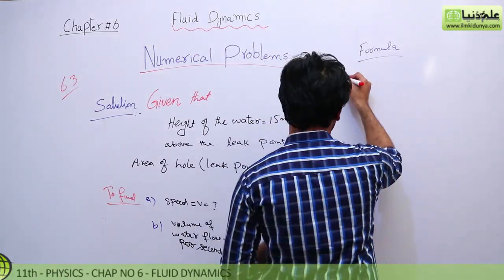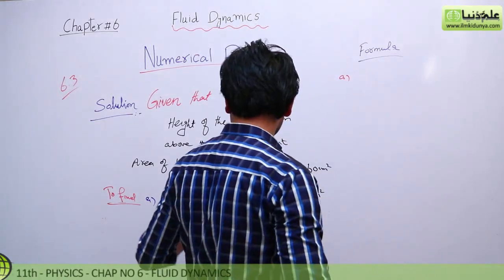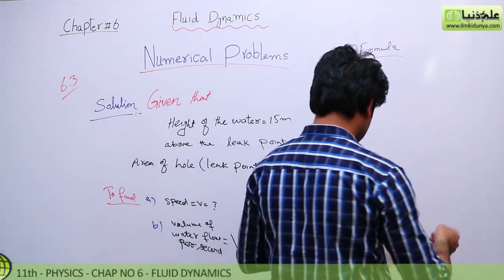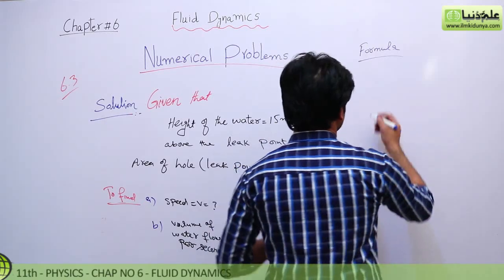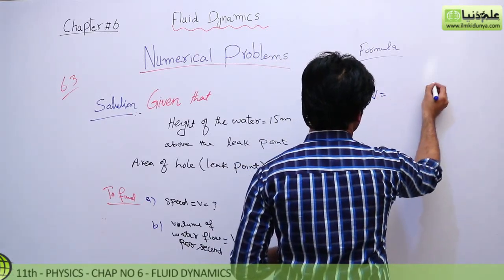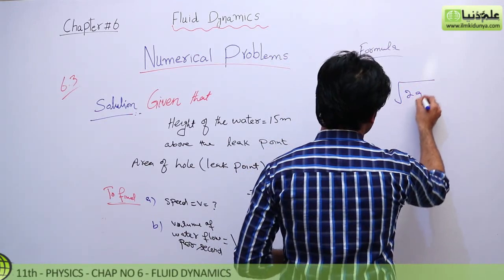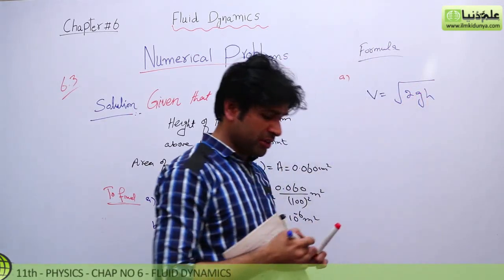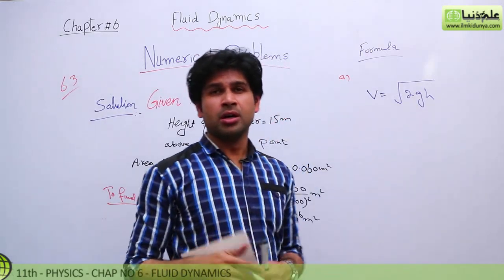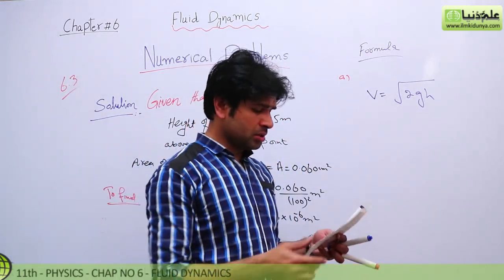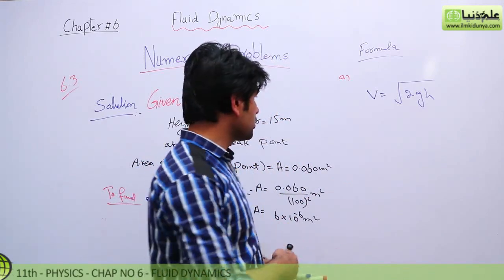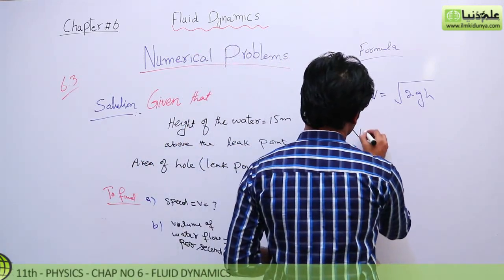For the first point, we will use the formula V equals root of 2GH. This is the formula we have derived in our lecture in this chapter. So we will use this formula to find out the speed of emerging water.